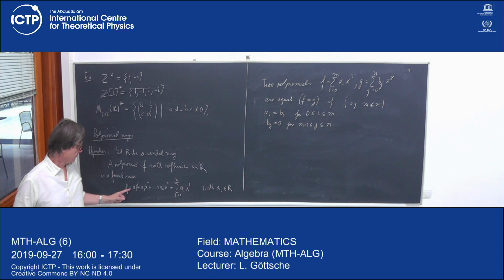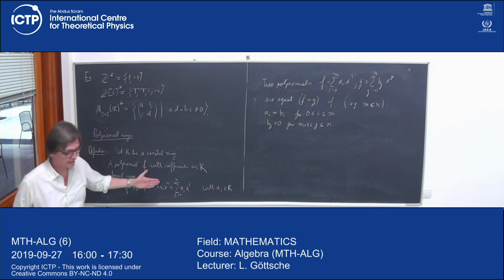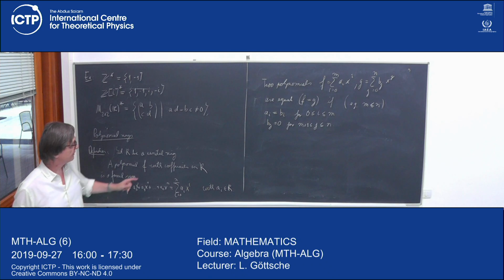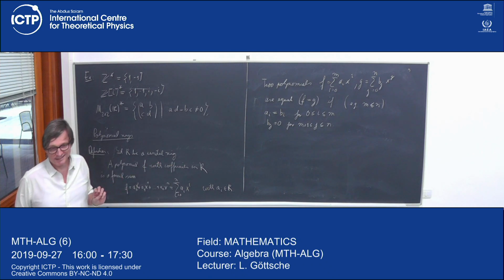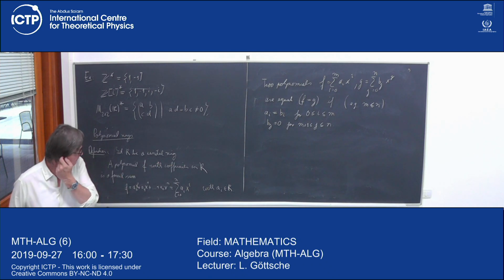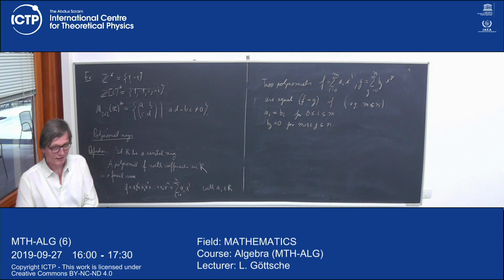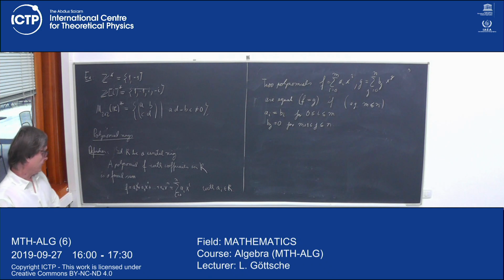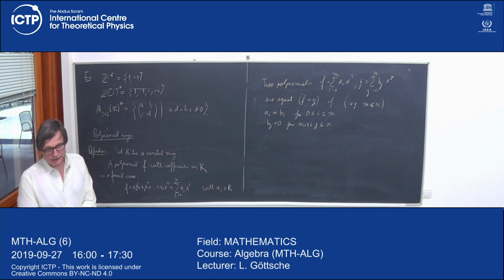In school you put something in for x, and the polynomial is determined by the function given by this expression. But here it's just this formal expression. For instance, if R is very, very small, then this makes a difference, as we will see in a moment, because there can be many more polynomials than there are functions.